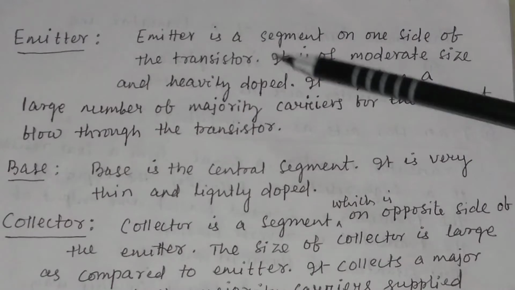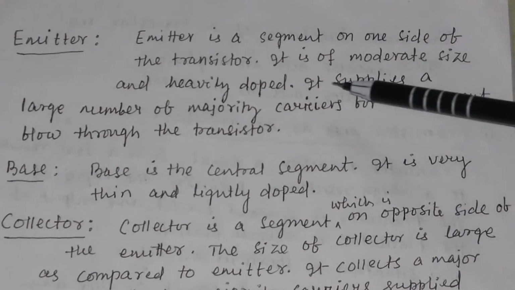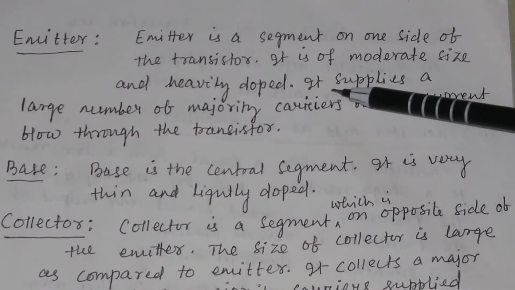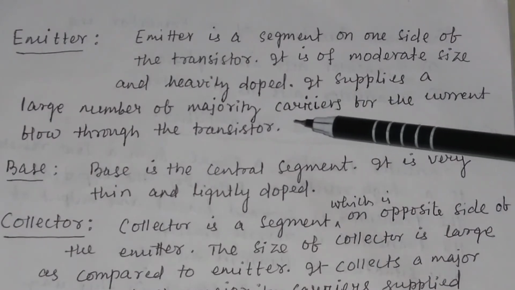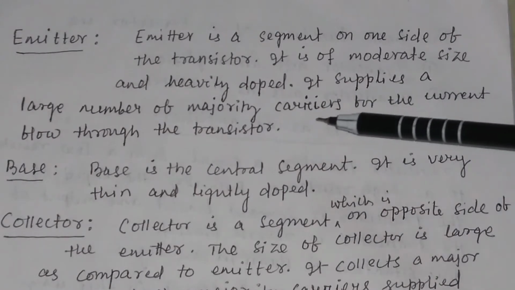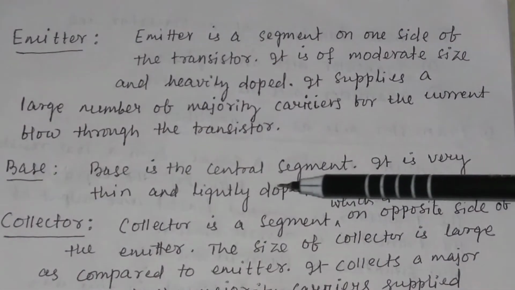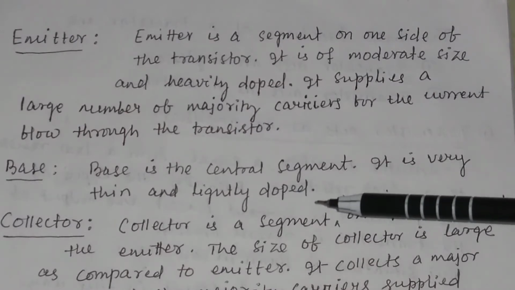Now let us discuss what is emitter. Emitter is a segment on one side of the transistor. It is of moderate size and heavily doped. It supplies a large number of majority carriers for the current flow through the transistor. Then what is base? Base is the central segment, it is very thin and lightly doped.